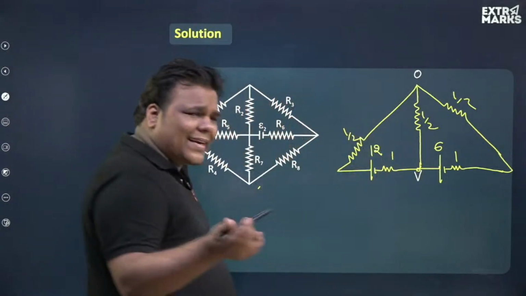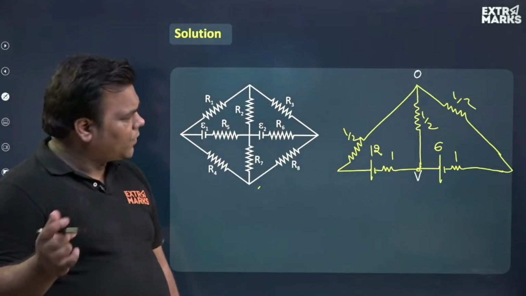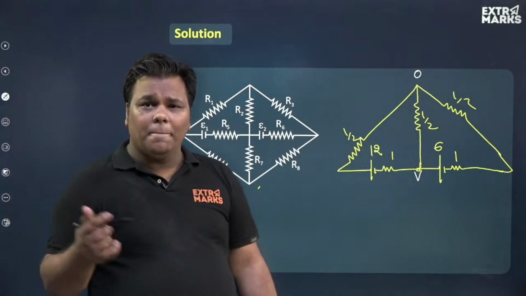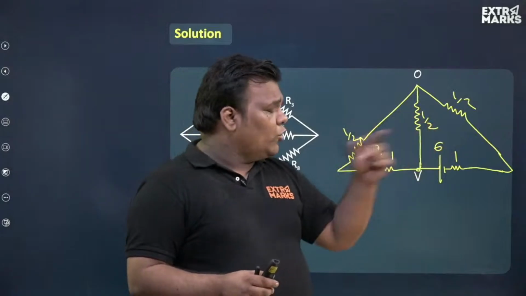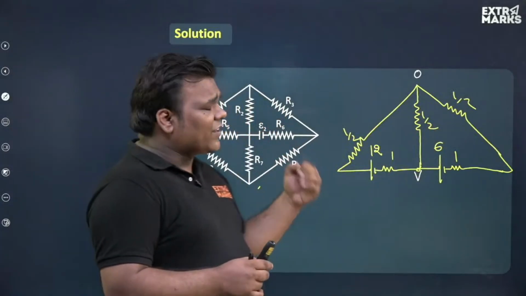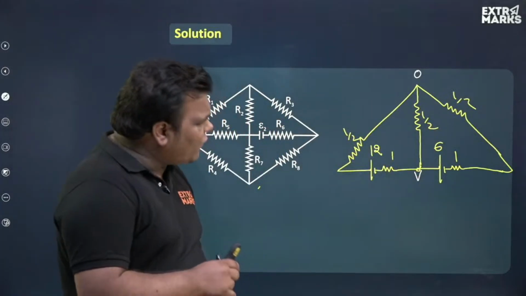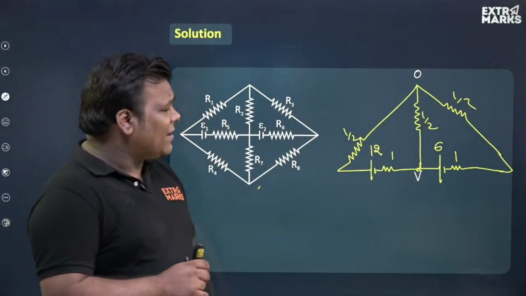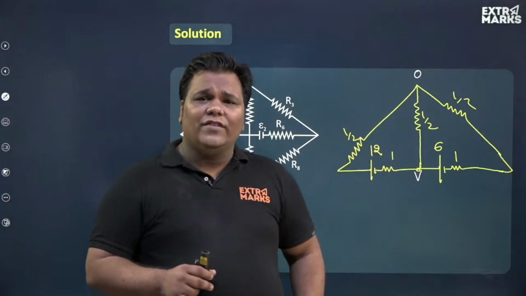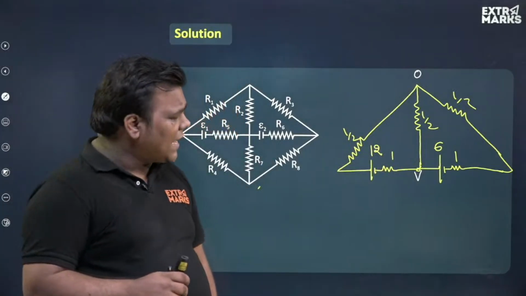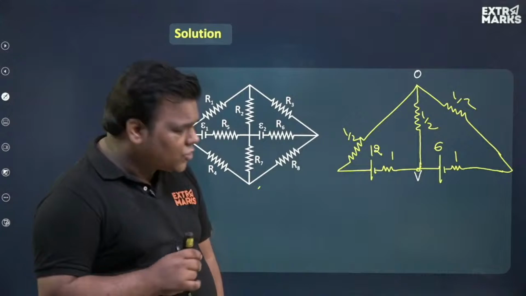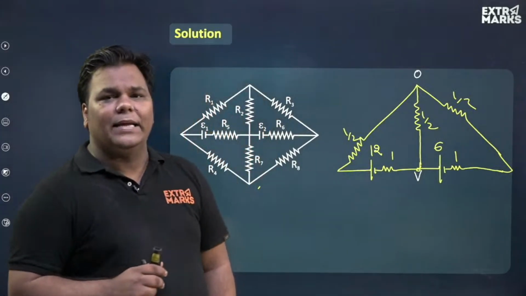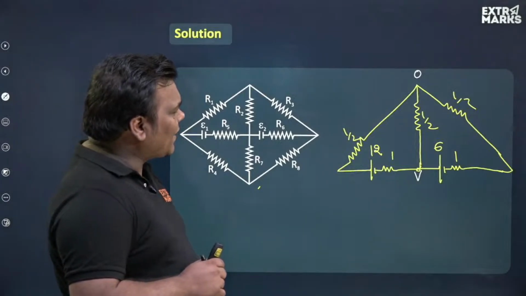I can also apply Kirchhoff voltage law. I can apply Kirchhoff current law. You know Kirchhoff voltage law, I have two loops. But none of them will give the answer exactly as I want, and not every one of them will give the answer as fast as I want. So I'll use another method, which is the combination of batteries. What is this combination of batteries, guys?